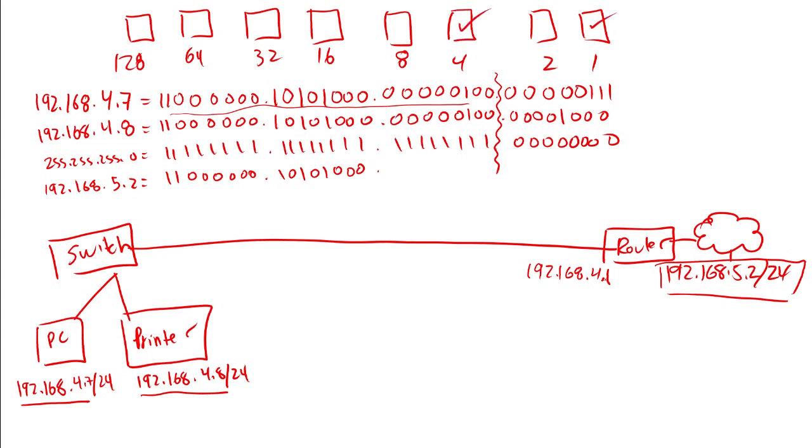So that's 00000101. So this obviously doesn't match either of those two. And then dot 2, so it'll be dot 00000010. We don't have to continue, but even if we wanted to, let's just do 0, 0. So we know 5.2 is not in the same subnet as 4.8.